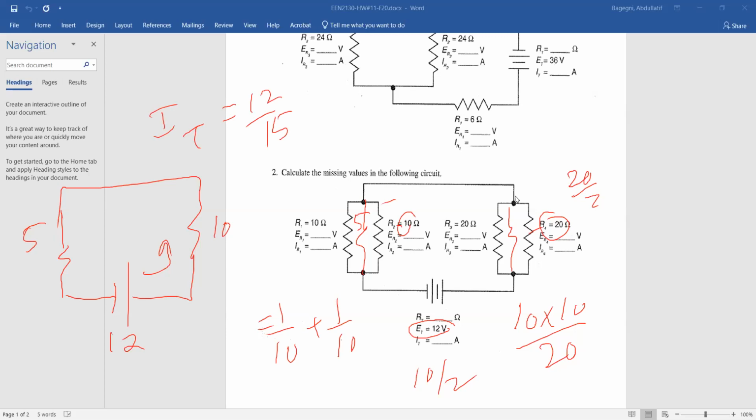Then the current will split equally by 2, because they're equal resistors. To find the voltage here, you multiply I times the resistance. So it's similar to this one, but we have two parallel branches.